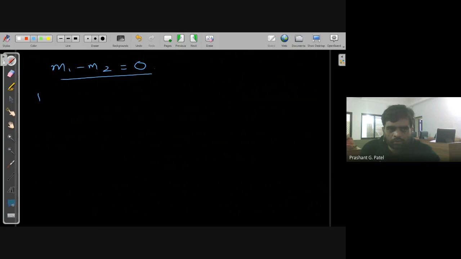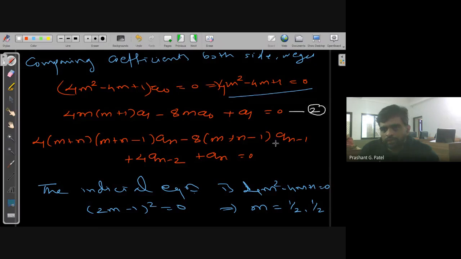So for m1 equal to 1 by 2, I need to calculate the Frobenius solution. In the second equation, we call this the third recurrence relation. From equation 1, we have the value of m, which is 1 by 2. Substitute here, let us see what we get.